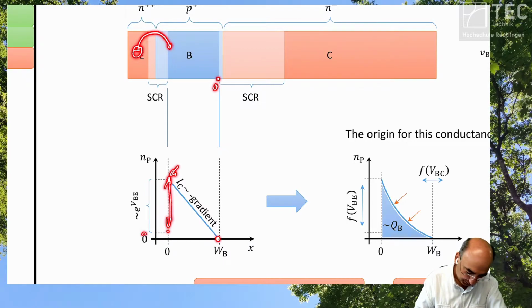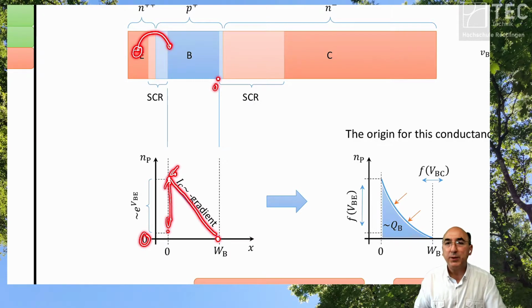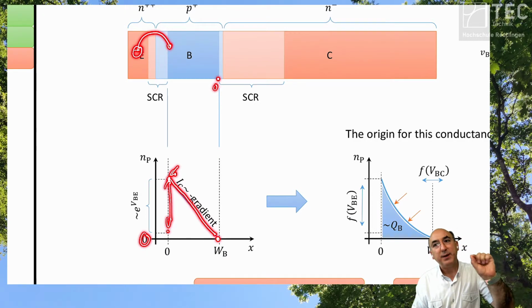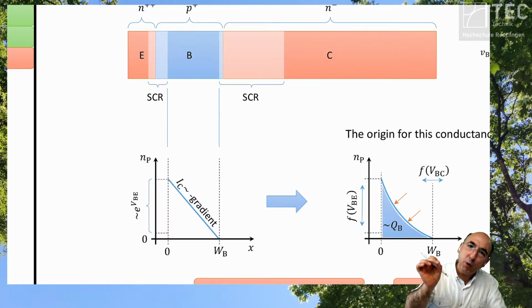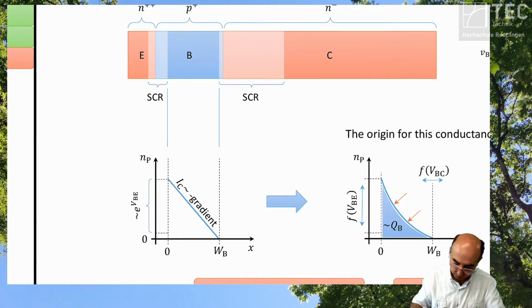Here we are at 0. Then we have a constant slope. Why? Because we said we have just diffusion, no recombination. But in reality, we have a small portion of recombination, really small.